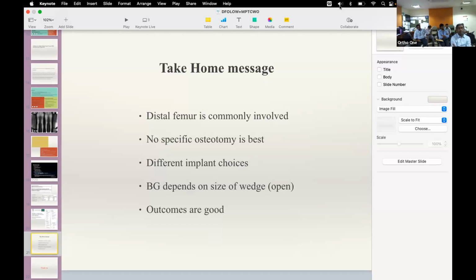Regarding MPFL, Chetan covered most of the other techniques. What you can learn is there are so many different techniques for MPFL. Most of the techniques are actually successful, and even though so many newer techniques are there, the age-old technique of Roux-Goldthwait also is successful. The direction we are moving forward is minimizing the incision and reducing the implant cost.